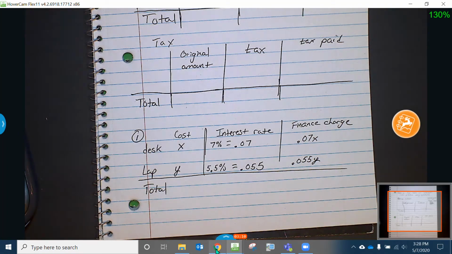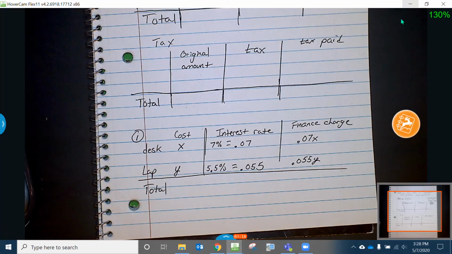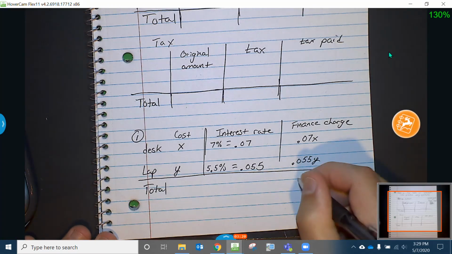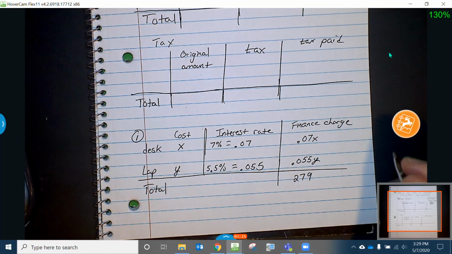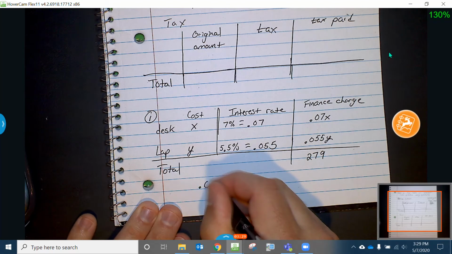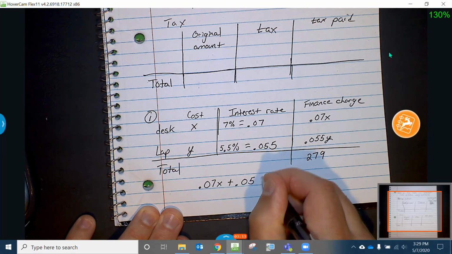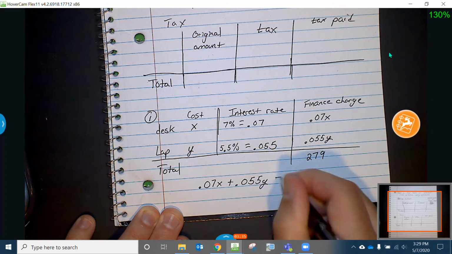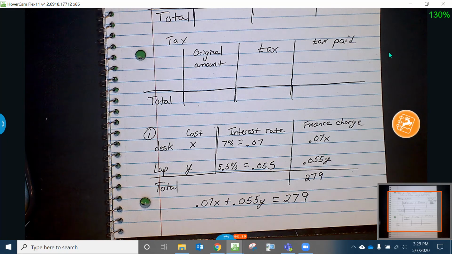So there must be some other information here. The total finance charge for 1 year was $279. So the total finance charge here was $279. So we can write 0.07x plus 0.055y equals 279. That was our total finance charge.